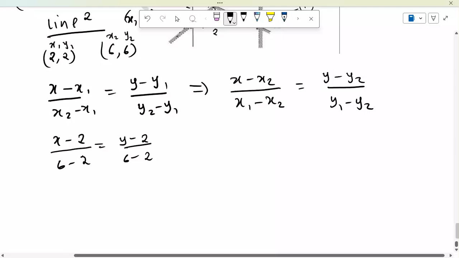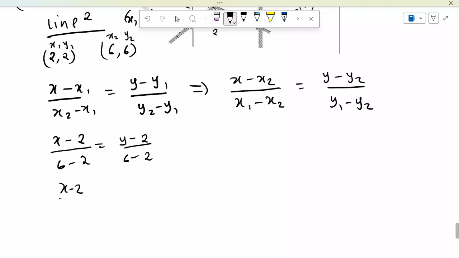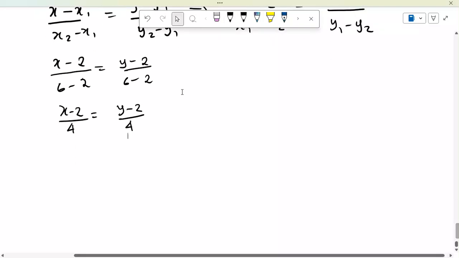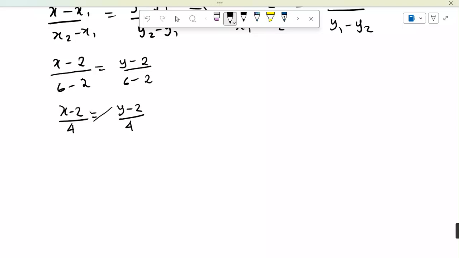So continue. I have x minus 2 over 6 minus 2, which is 4, equal to y minus 2 over this minus this, which is 4. Next, you cross multiply.